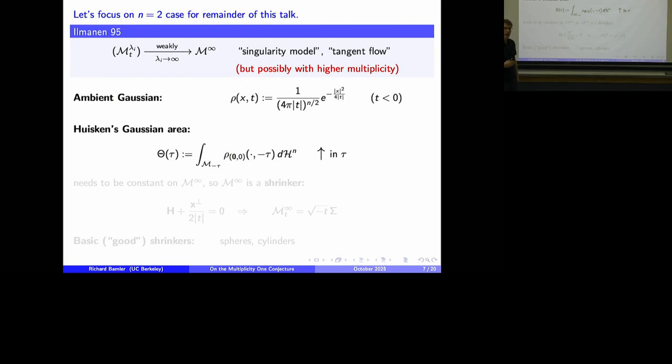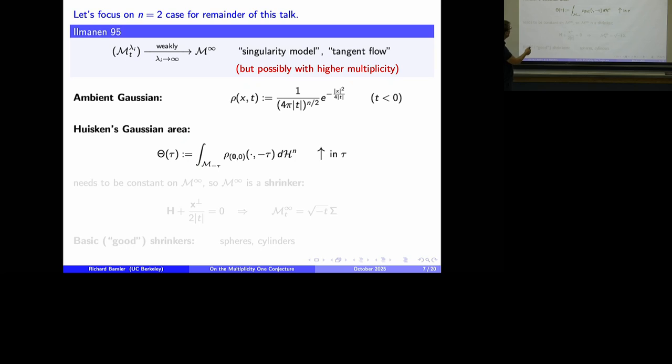It's scaling invariant and it passes through the limit. So if you get this limit from parabolic rescalings of the original flow, where this Gaussian area was monotone, then in the limit the Gaussian area has to be constant.